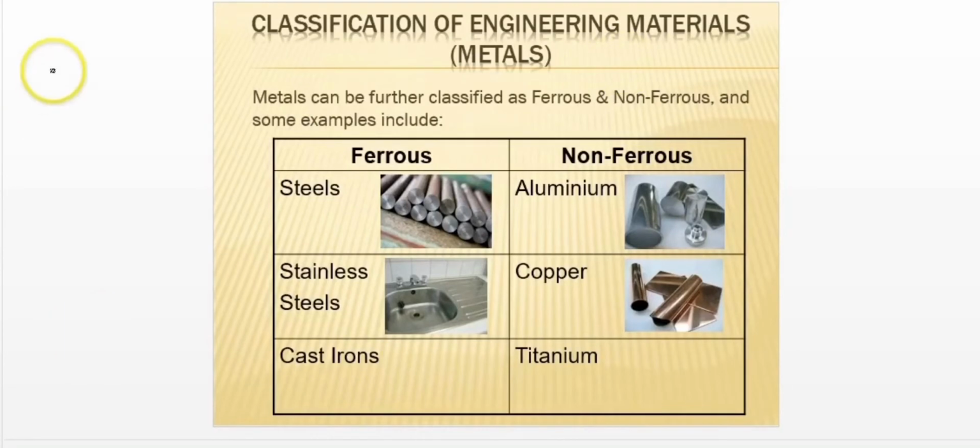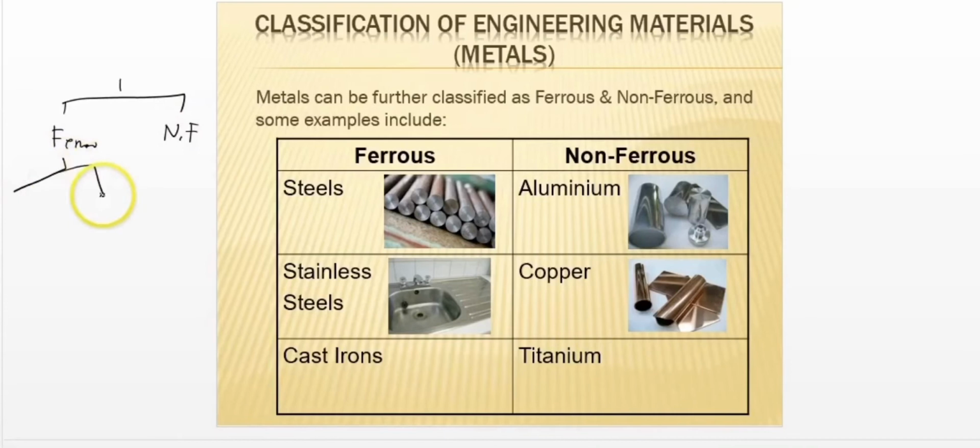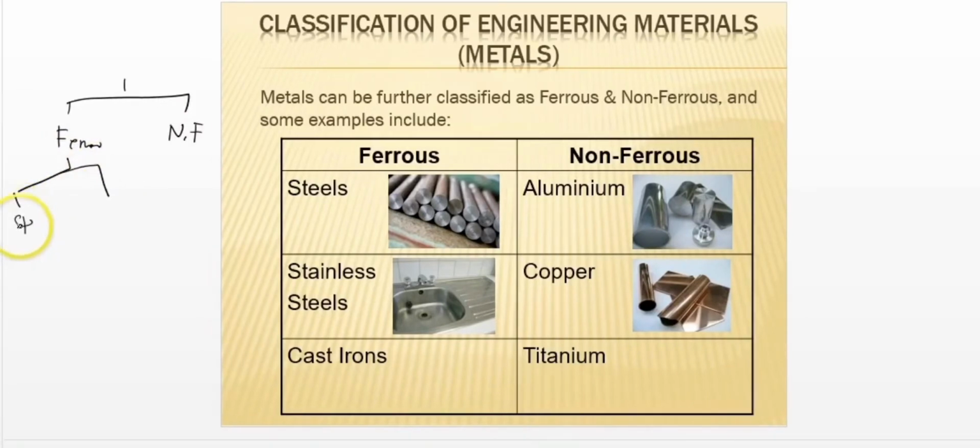Right, metals can be further classified as ferrous and non-ferrous. This one we already covered in the previous chapter, chapter 2 I think, where we studied ferrous and non-ferrous metals. Under ferrous we have steel and cast iron, and for non-ferrous you may refer to the previous subchapters in chapter 2 and chapter 3. So this is the general.